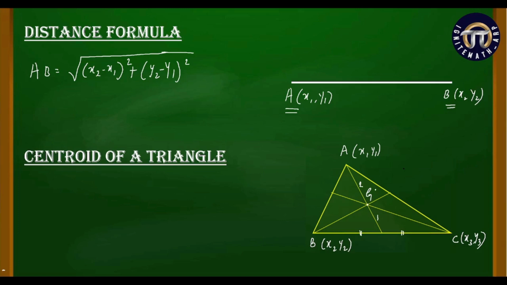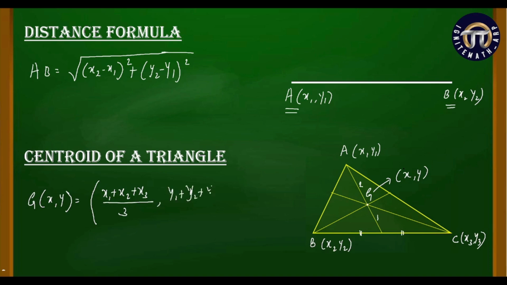So now if I am taking the coordinates of the centroid as x comma y, then the centroid formula tells me G (x, y) is equal to, how can I find the centroid of a triangle? It is nothing but ((x1 + x2 + x3) / 3, (y1 + y2 + y3) / 3).